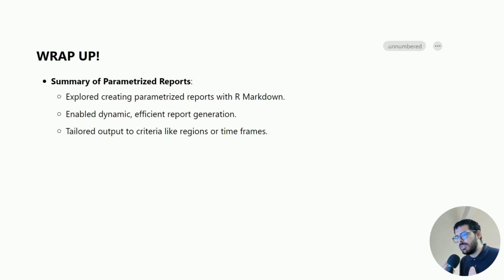These principles are applicable not only for countries, but any kind of data subsets such as regions or time frames. Eventually, we also learned about all of these components and how they come together in the R script that we use to render all these documents.